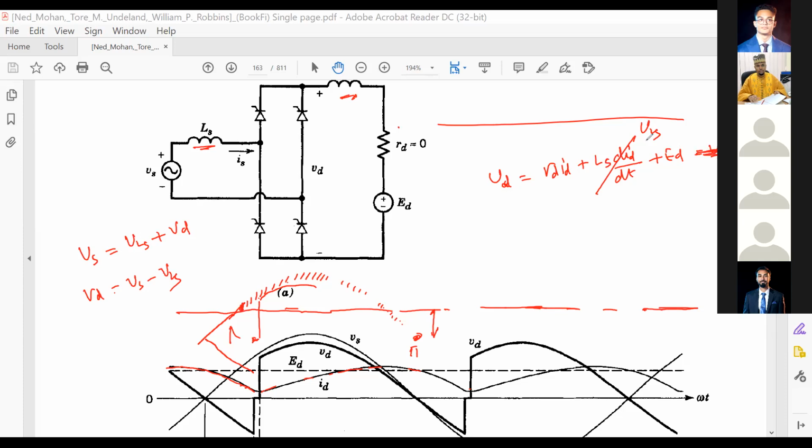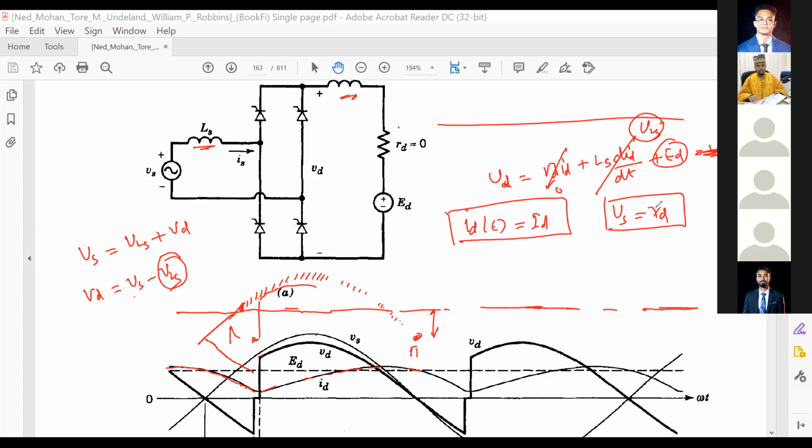So if you can neglect this one, VD will be VS minus VLS, and it will not be exactly VS. Rather, there will be a drop of VLS that we have to subtract from your VS. That is why it will not be exactly equal to VS. What we got when ID output was constant current, at that time your VD was VS. Can you remember that? Yes. So here it will be a little less because of that drop.